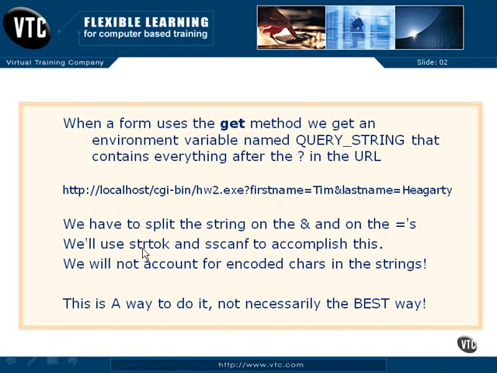Okay, we'll use string token and scanf to do that work. We are not going to watch for encoded characters in the string. If I put some odd information in here, it'll be encoded and it would come in with %20 for a space, that's hexadecimal 20 for decimal 32 or a space character, and that's called encoding.